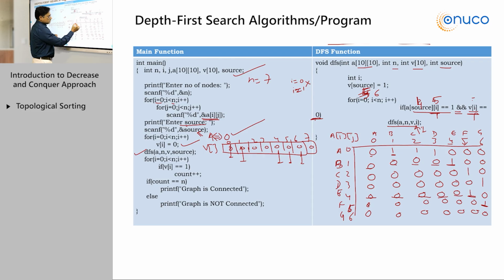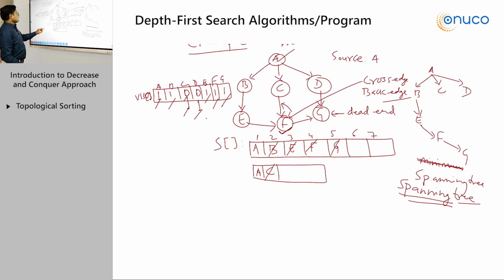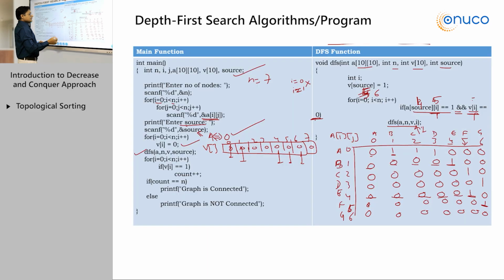Look, G to A 0, G to B 0, G to C 0, G to D 0, G to E 0, G to F 0, G to G 0. In the previous place also you can see that from G we don't have any other vertex connected. Hence we are going to do backtracking. In that case, what will happen?